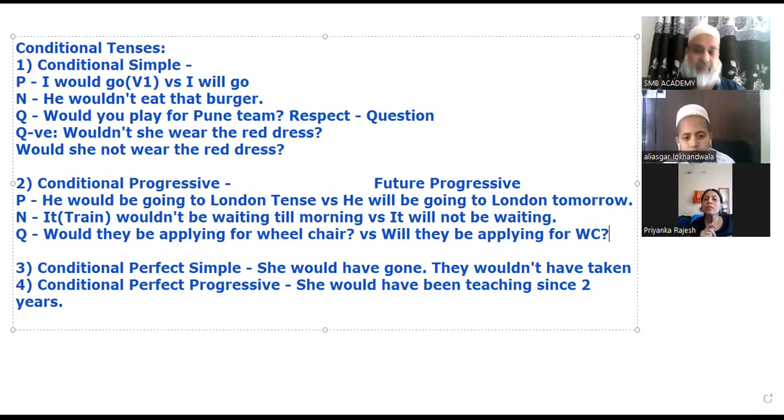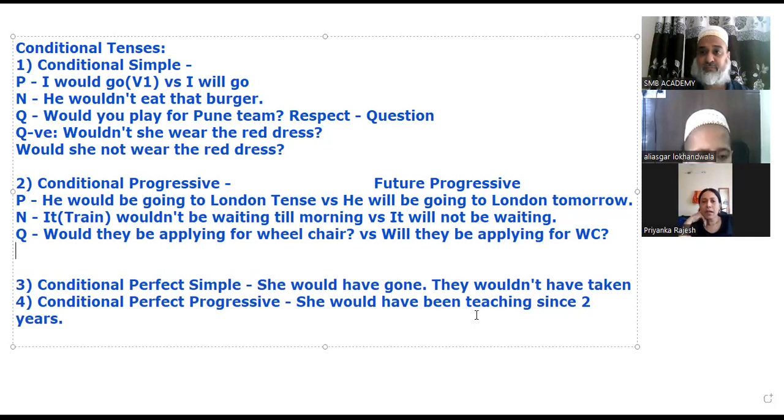We are asking a question, but we know surely they will be applying. But here we are not sure whether they will be applying. So that's why we are asking a question, but in a very humble way. Would they be applying for wheelchair? Right. Understood? Priyanka, got it? Yes, got it. Confusion नहीं है ना कुछ? No, nothing. Okay, good.